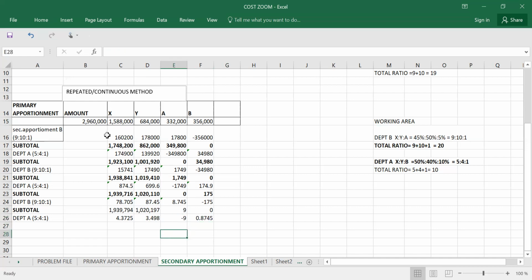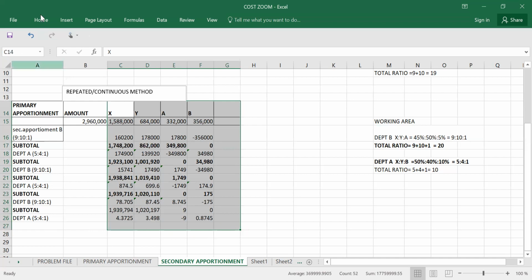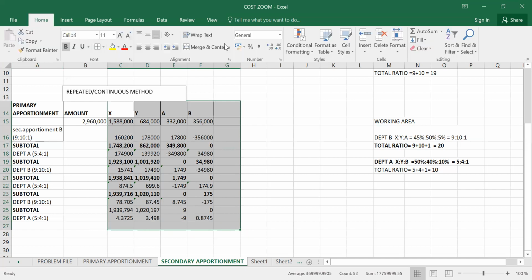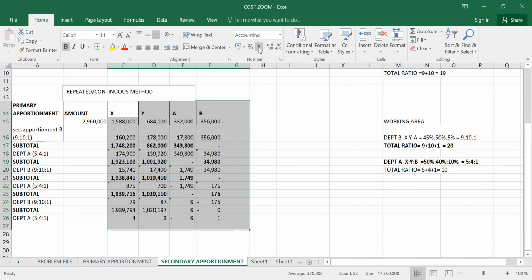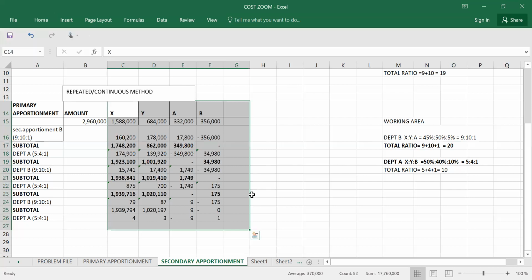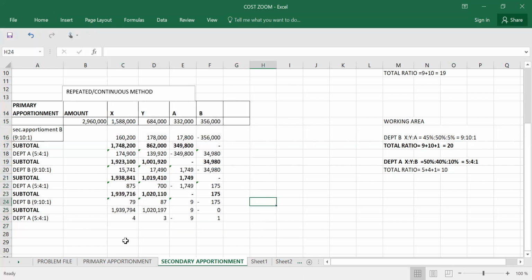So if I go and reduce the decimal places to 1, that's what I can get.